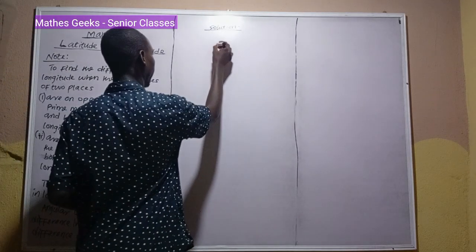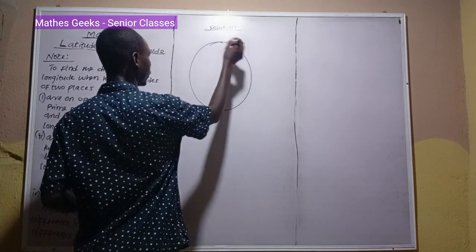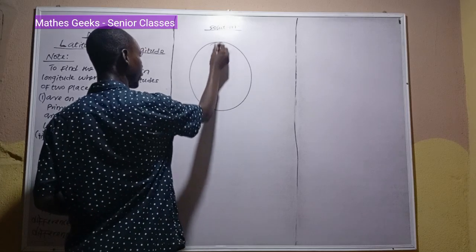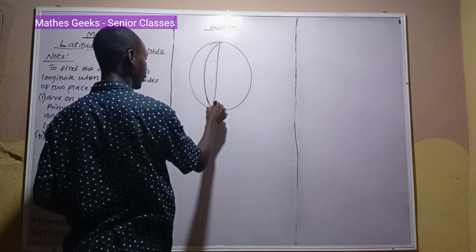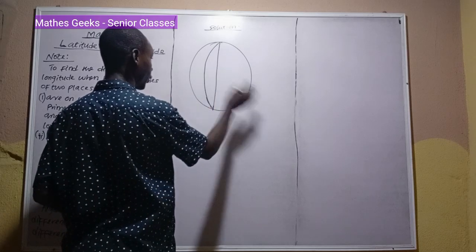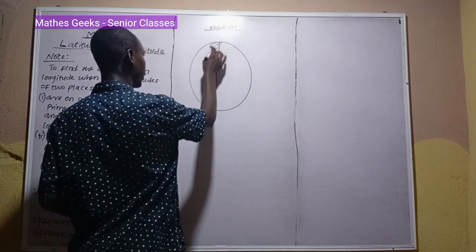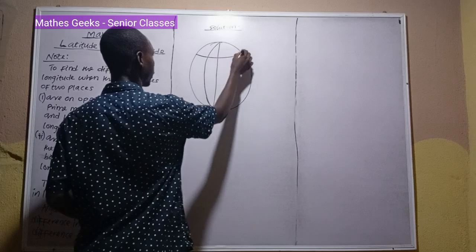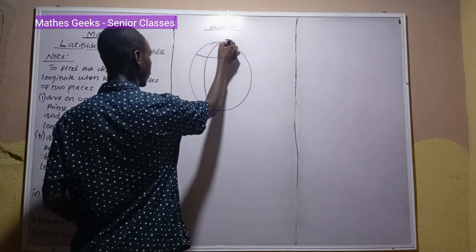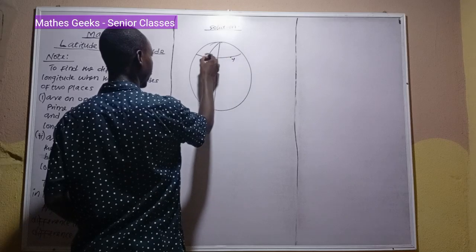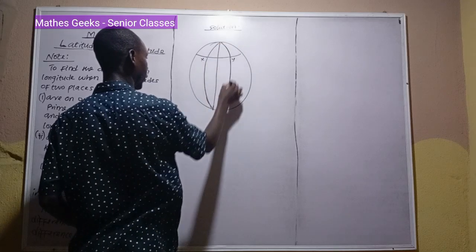What that means is that if this is the globe and this is north-south, this is the prime meridian, the Greenwich meridian from which every other line of longitude is measured. So if a point is on X, let's say X is here, and Y is here, and this is another line of longitude.